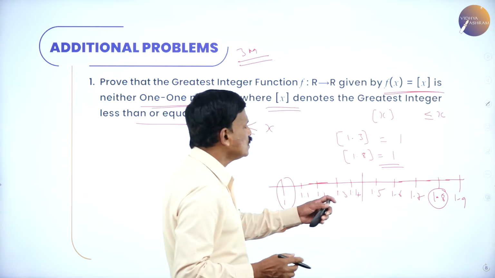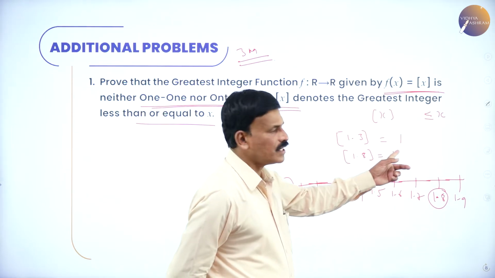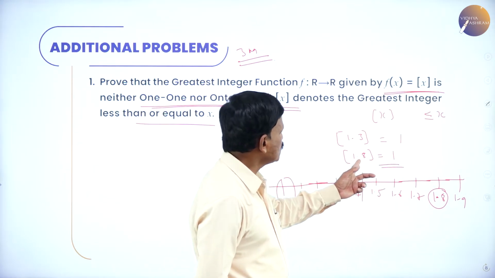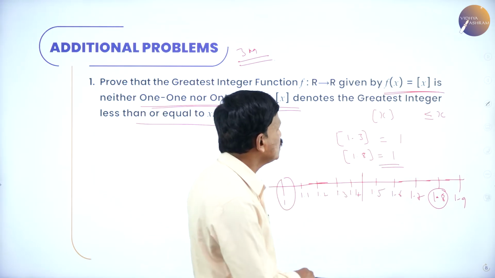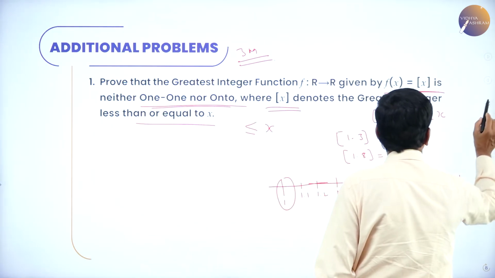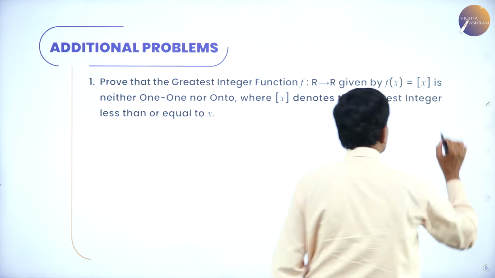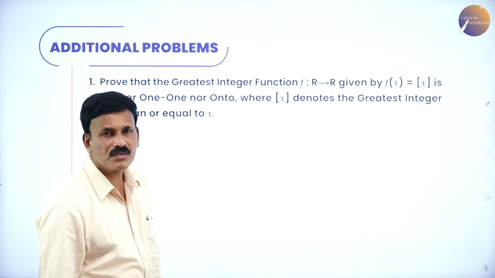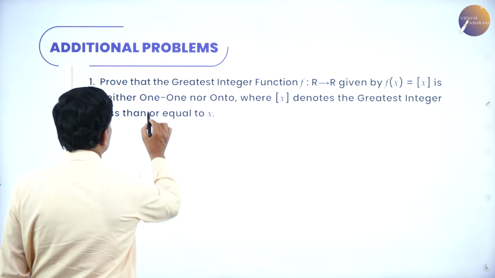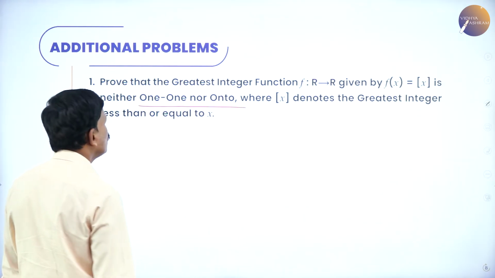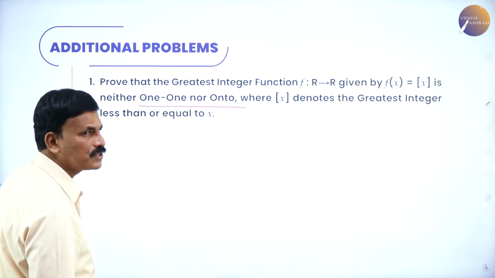So the greatest integer value of 1.3 is 1, and the greatest integer value of 1.8 is also equal to 1. Now to verify whether this greatest integer function is one-one as well as onto.